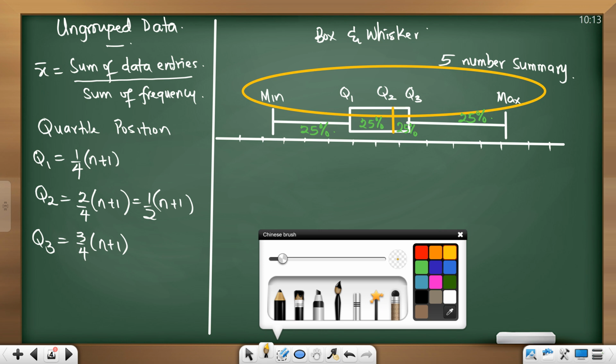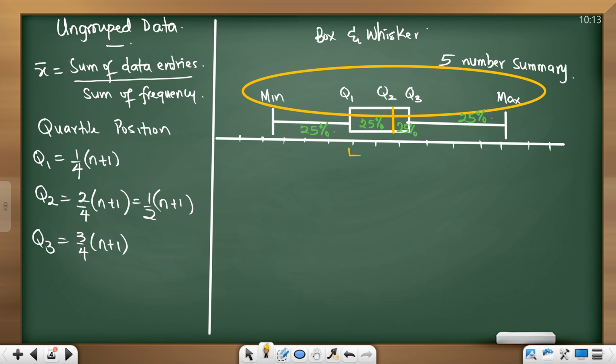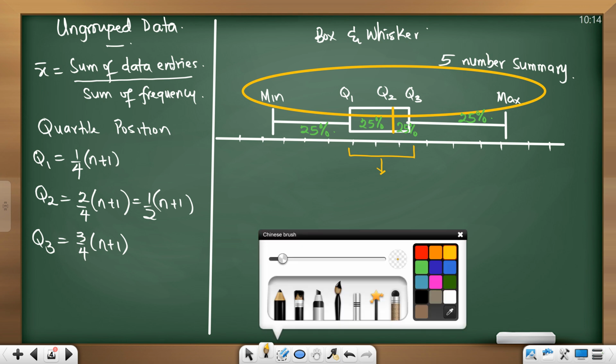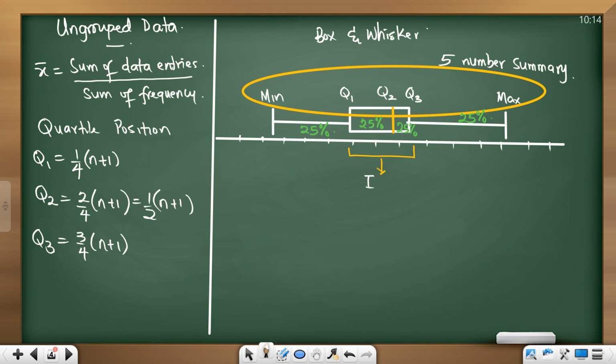Please take note that between your Q1 and Q3, what is that called? Interquartile range. So that the size of the box is what we know as what? Interquartile range. The size of the box.